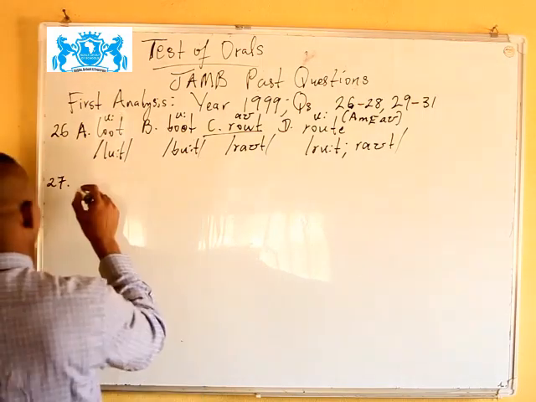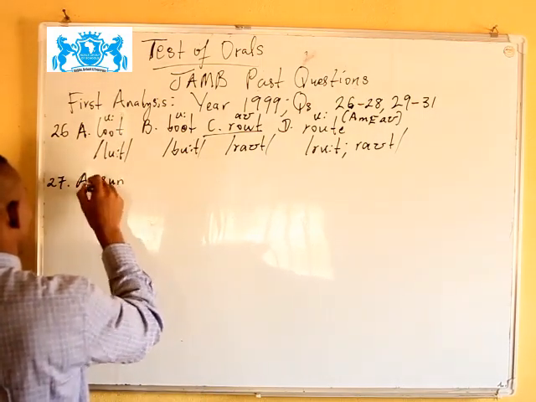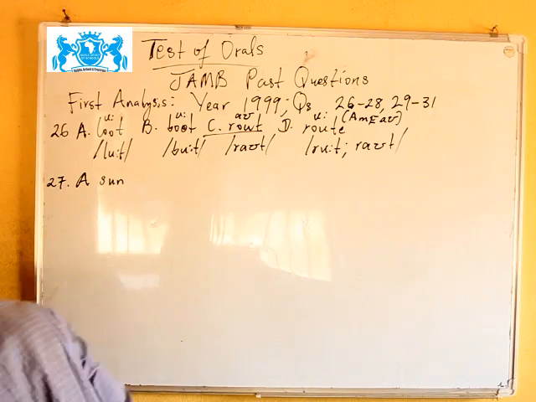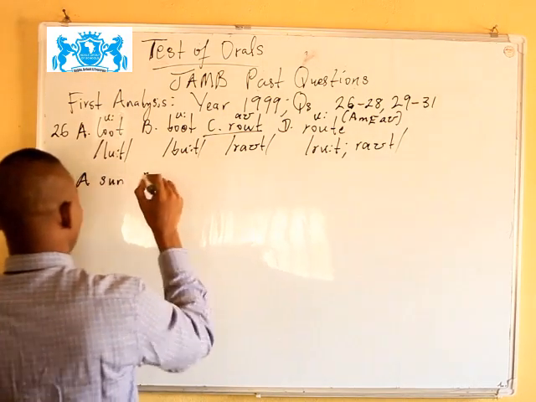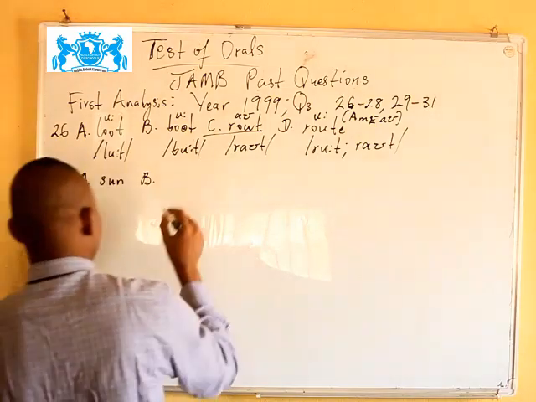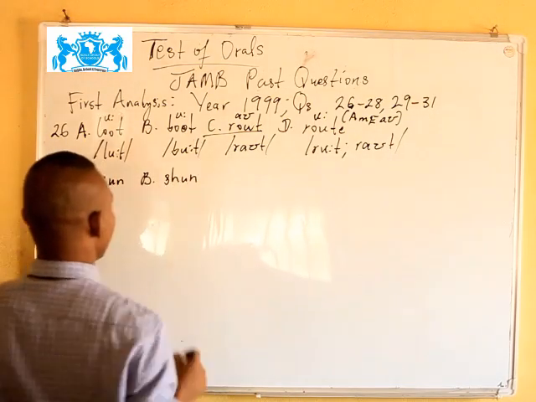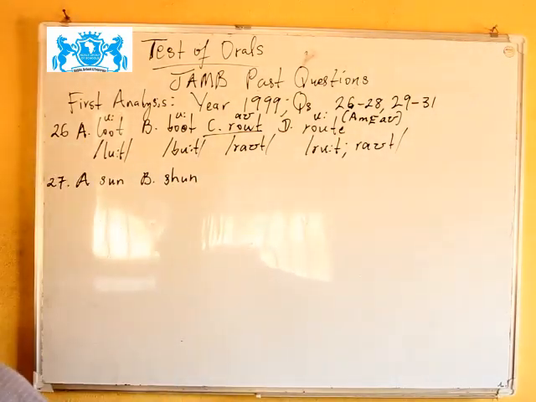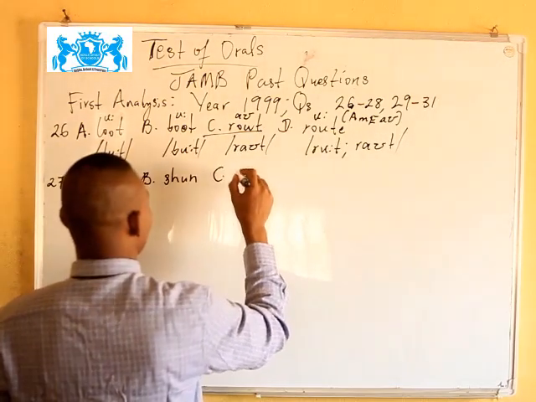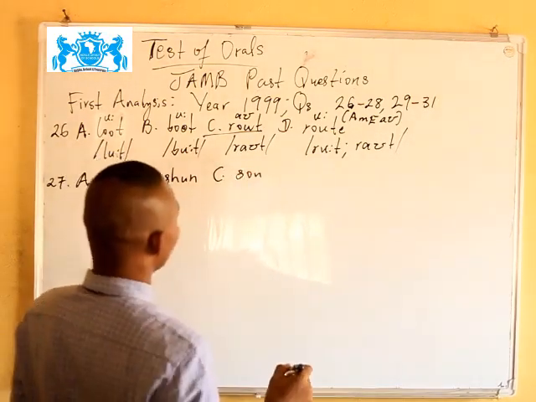Number 27. We have A as sun. I'm sorry for pronouncing it. B as S-H-U-N. C as S-O-N.